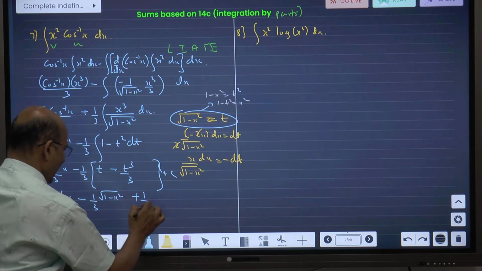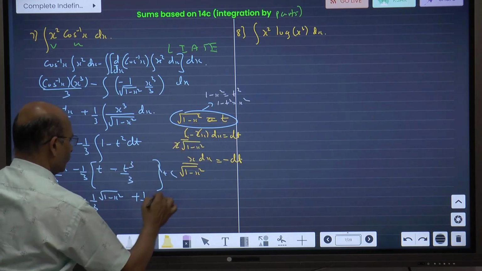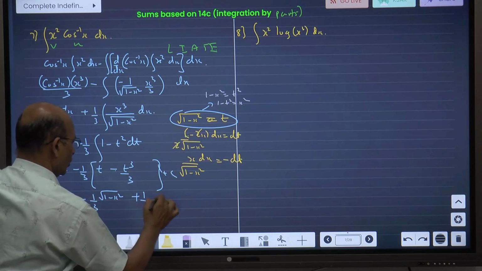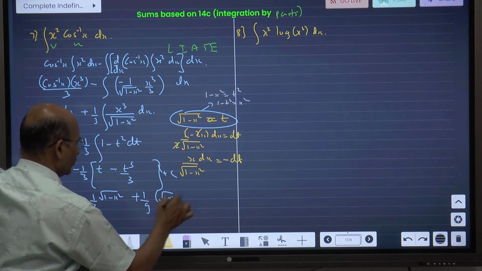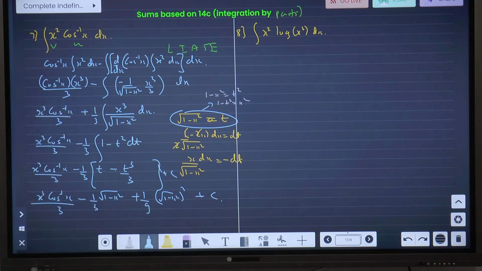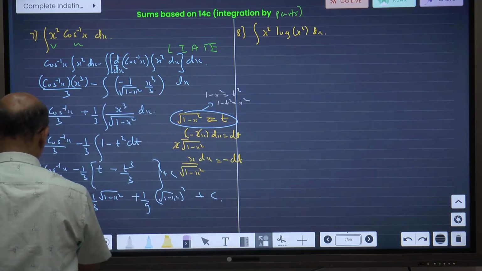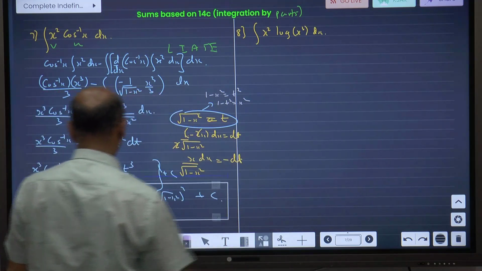So 1 by 9, because 3 into 3 is 9, and t cube, what is t cube? t is nothing but root of 1 minus x square raised to 3 plus c. So that's the understanding here, that's what the catch is. That's what the answer looks like, in a comfortable zone.